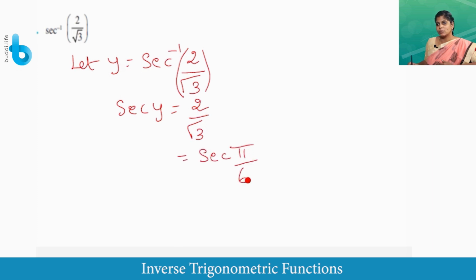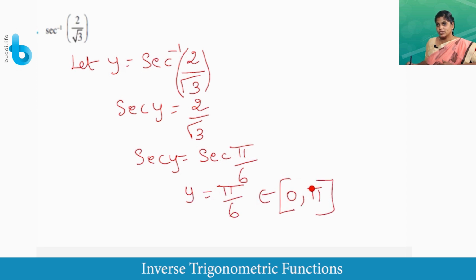When theta value is pi by 6, secant value is 2 by root 3. So secant y is secant pi by 6. Now y is equal to pi by 6. What is the principal value range? 0 to pi. Just check whether it lies between 0 to pi.